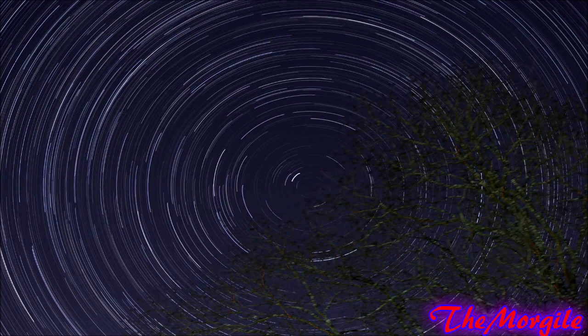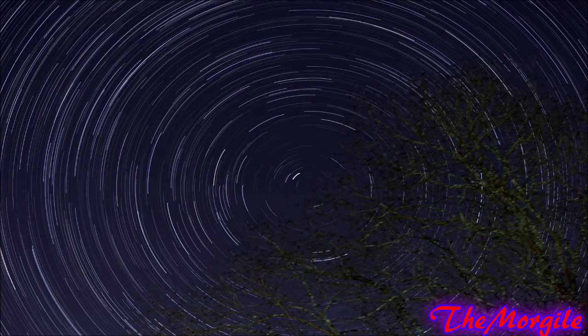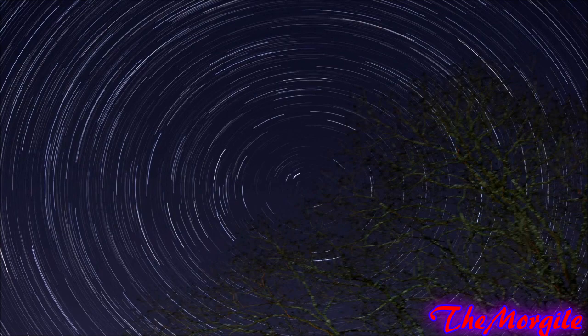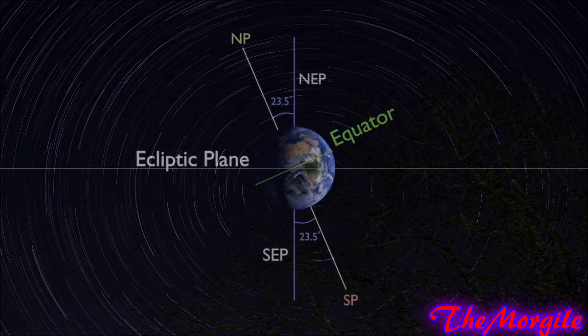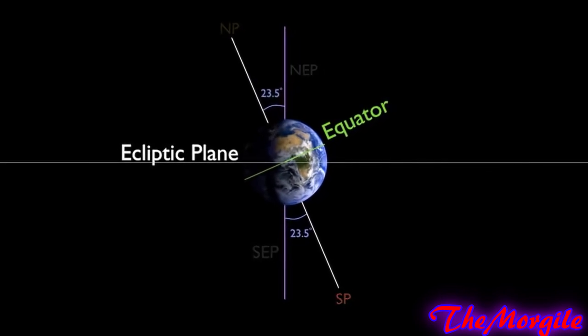Now, the reason that this is a complete debunk of the heliocentric model has to do with something called precession of the equinoxes. And I've covered this in videos, but essentially the precession of the equinoxes is a slow regression in the background stars in front of which the sun rises on the vernal equinox.